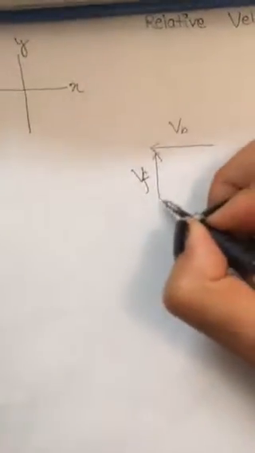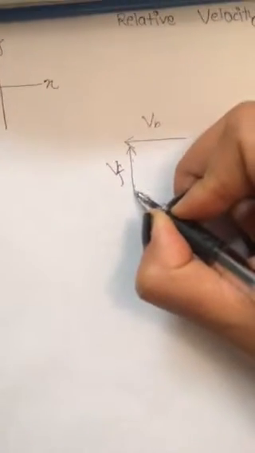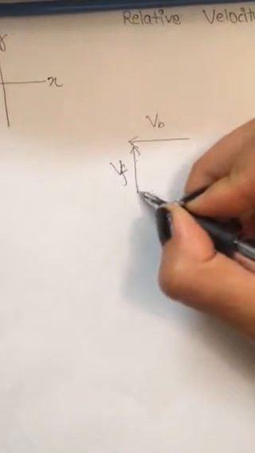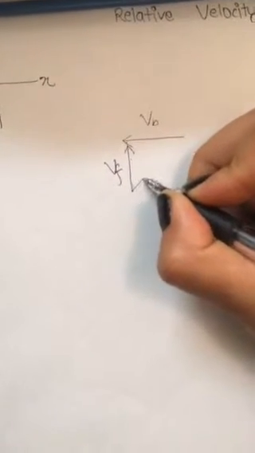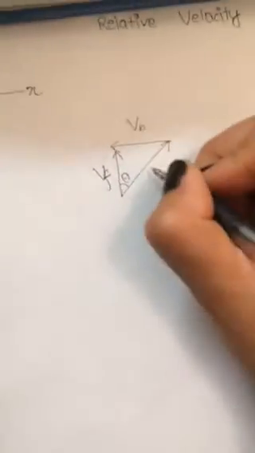Now the cutter needs to move at a certain angle to compensate for the constant motion of the conveyor belt. So let's suppose the angle made be theta. Let's just suppose this is some speed V.